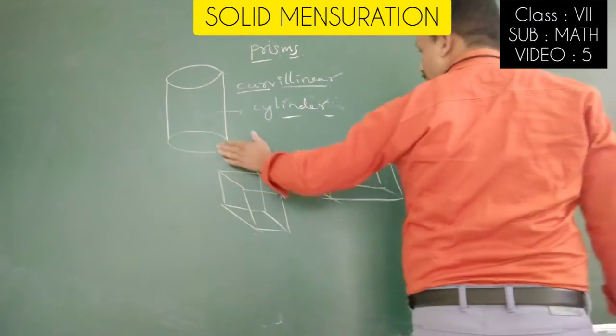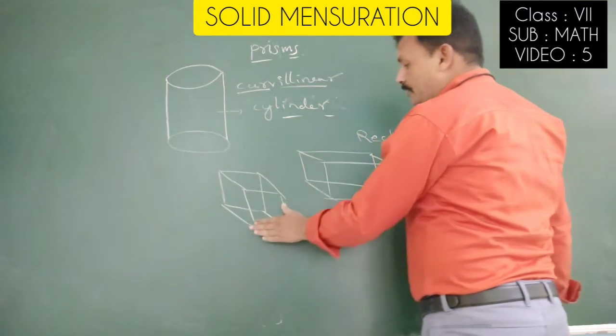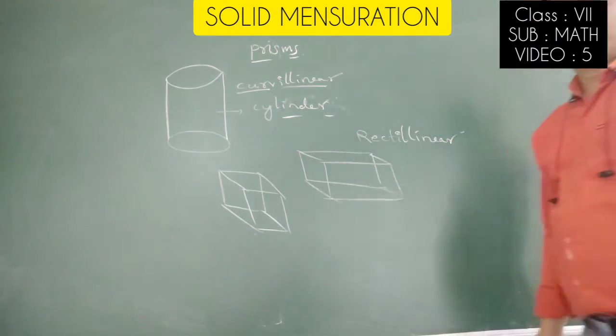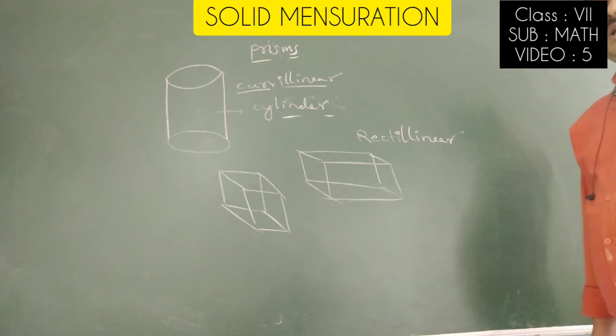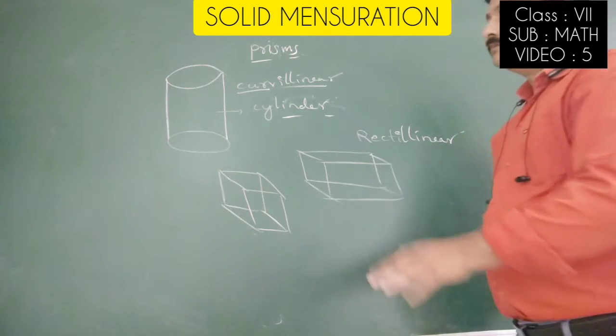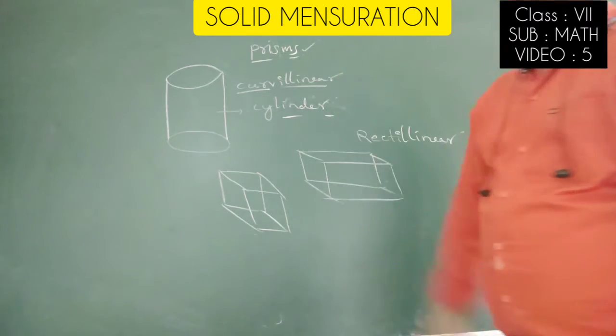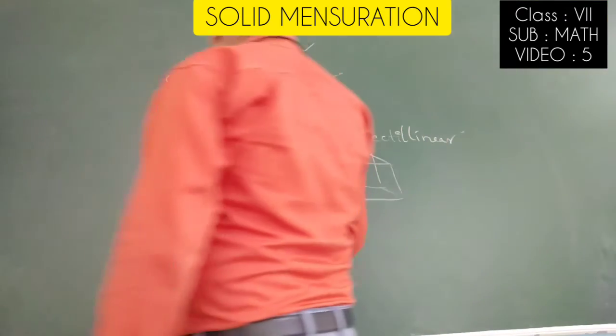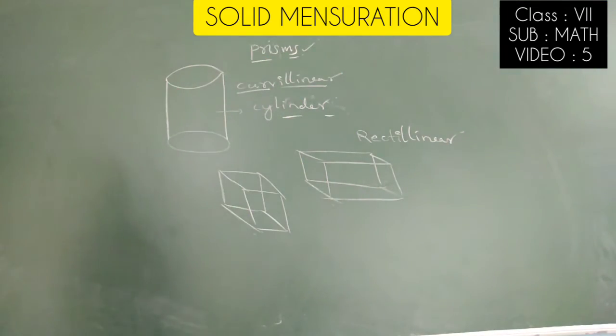Here the base and top are circles, here squares, here rectangles. When the base and top are the same, it is called a prism.